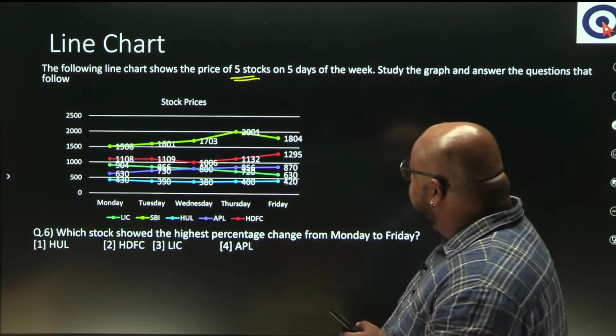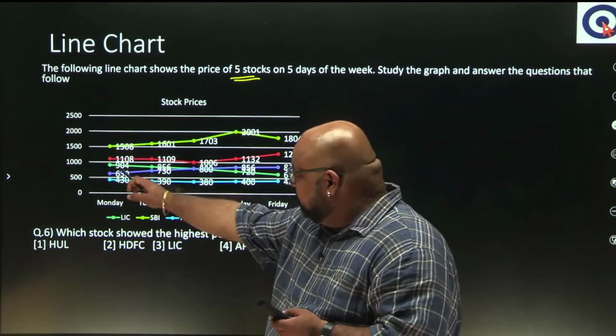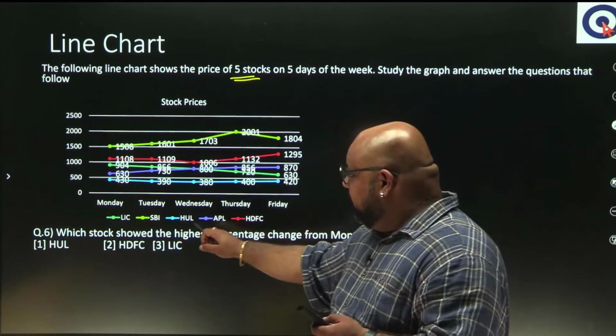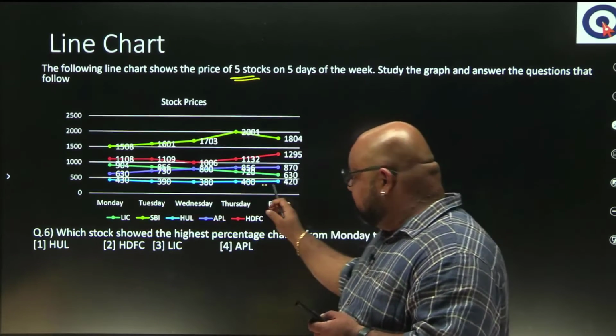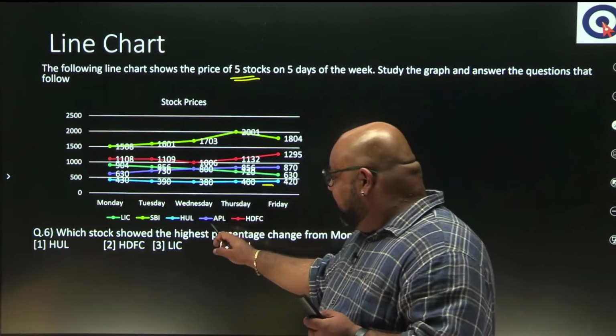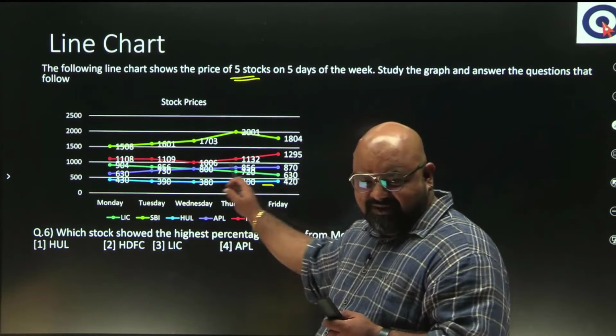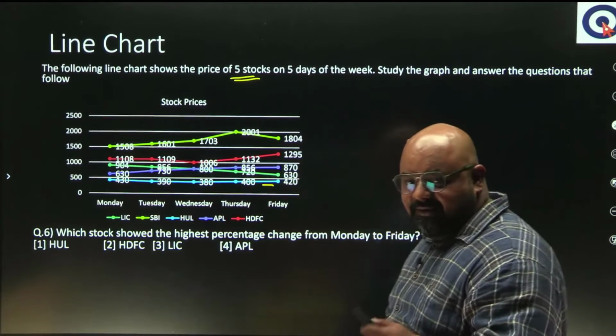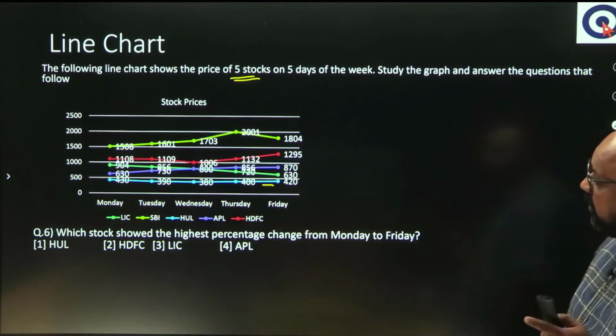Which stocks are these? LIC, the dark greenish line, SBI, this other line, HUL, the sky bluish line. I'm very bad with colors. APL, the purplish line, and HDFC the remaining line closer to red, on 5 days of the week.